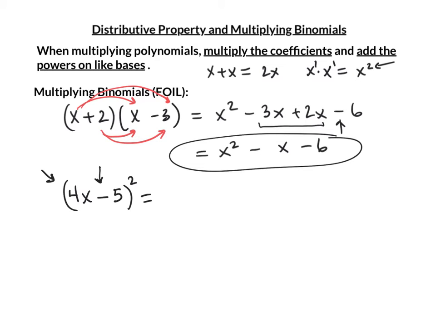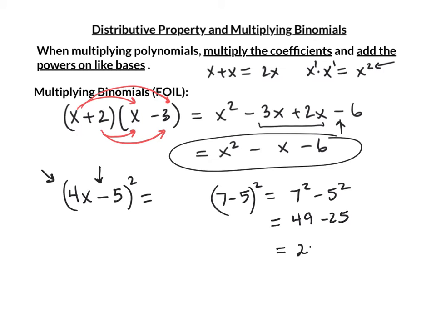For example, if I said 7 minus 5 squared, this is an example, and I tried to make this 7 squared minus 5 squared, because this seems like it ought to work. That would be 49 minus 25, and 49 minus 25 ends up being 24.